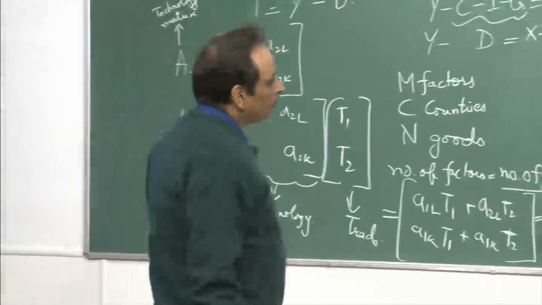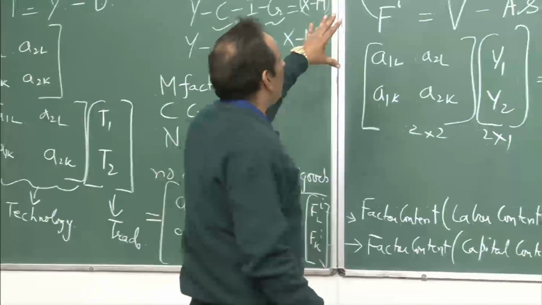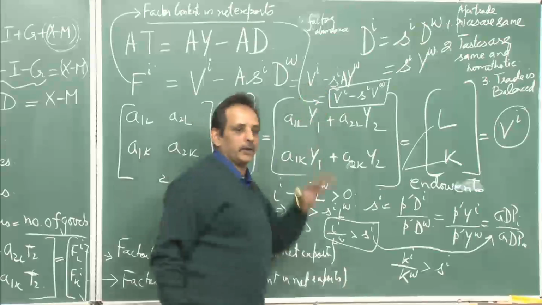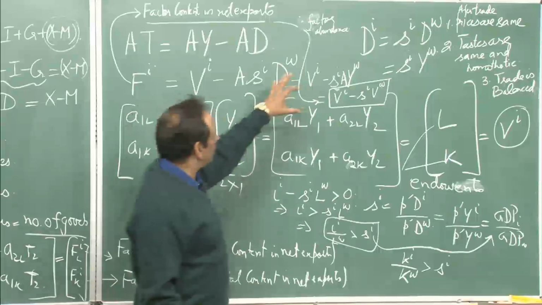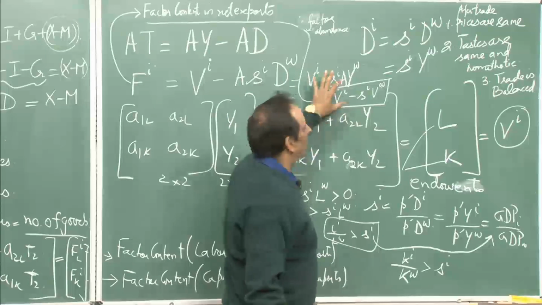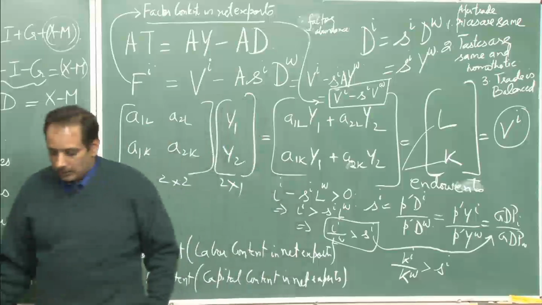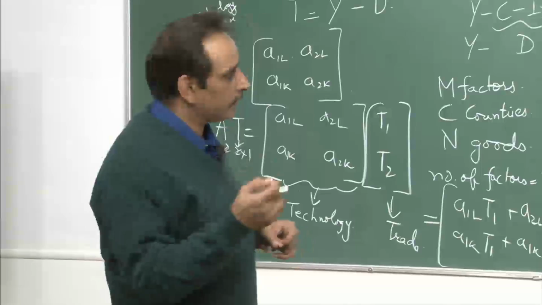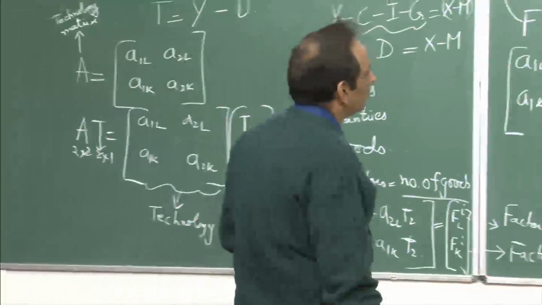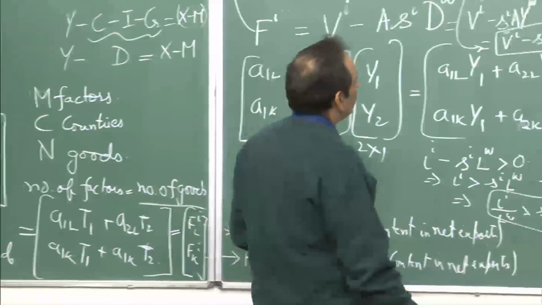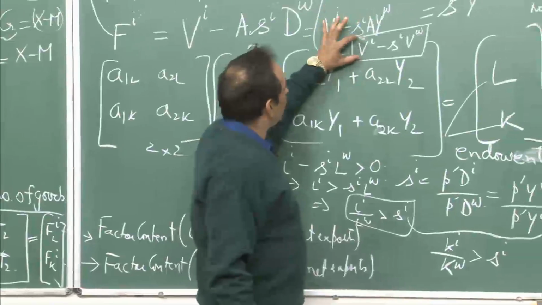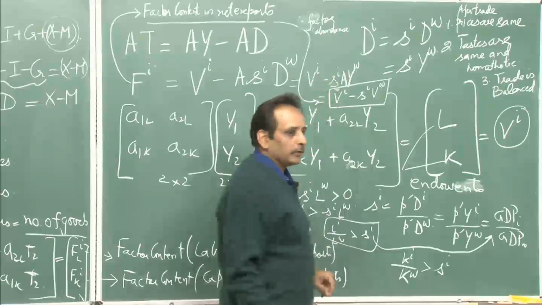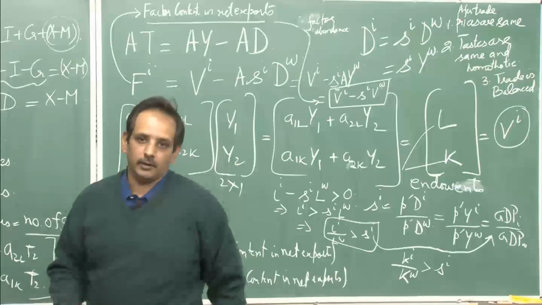So, something more needs to be done with this equation, especially with how you define factor abundance. Now, that something which is different in defining factor abundance is that you need to multiply this endowment with its productivity.